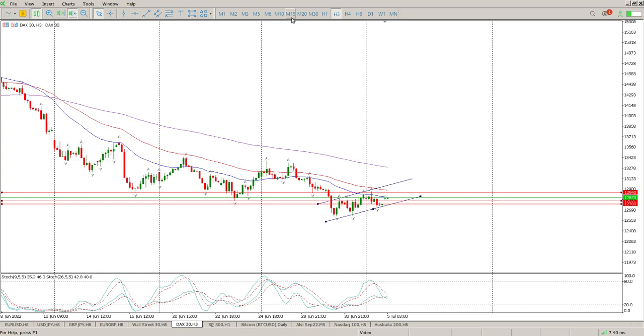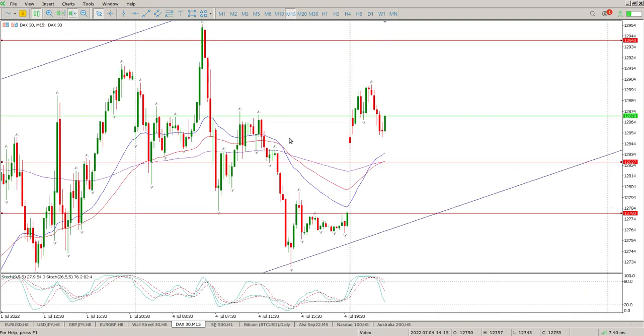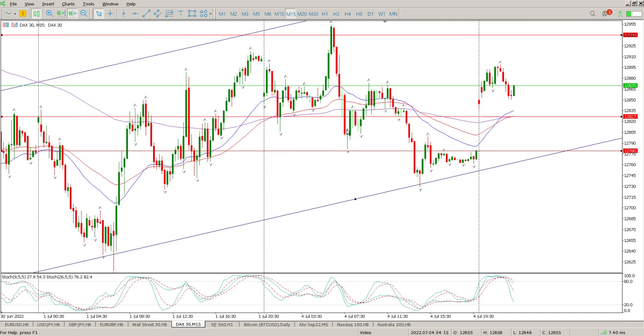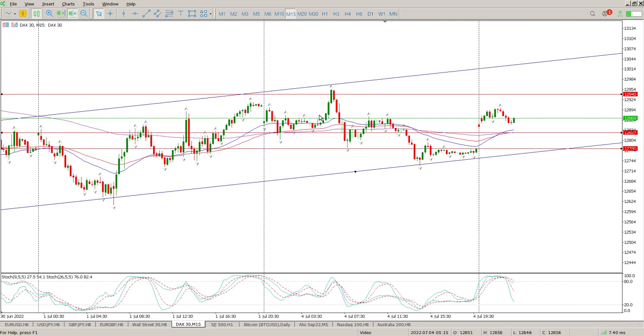So that's kind of the structure that I'm looking at the moment. But obviously that is going to be off the 15 minute. And at the moment, the 15 minute is all over the place, quite volatile. But that doesn't necessarily mean that we have a trend reversal here, unless the hour starts playing along as well. Okay, so that's kind of the view, and even if we do break this channel to the upside, I'd be looking for a new opportunity to short, but I don't anticipate that happening.